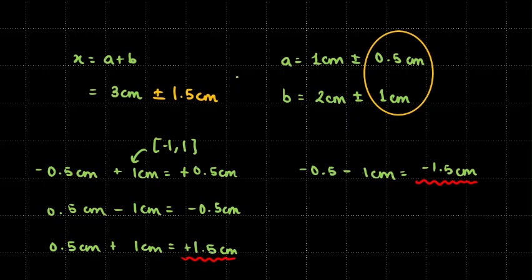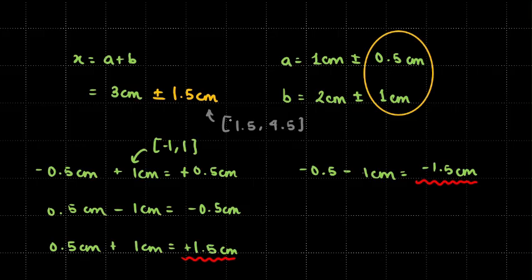Which means this something which I measured can be 4.5 centimeter or 3 minus 1.5, which will give you 1.5 centimeter. So it can be in the range of 1.5 centimeter to 4.5 centimeter.